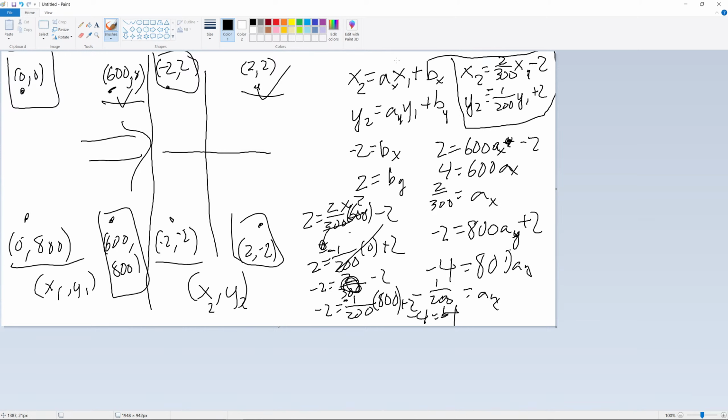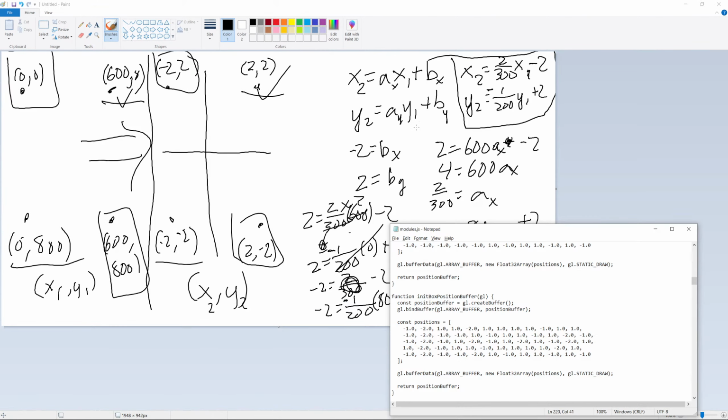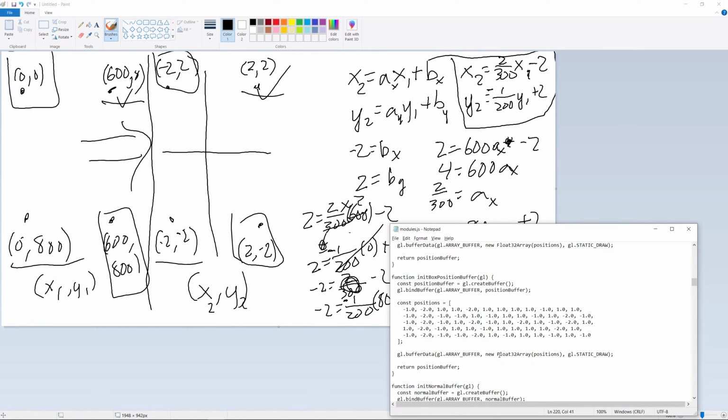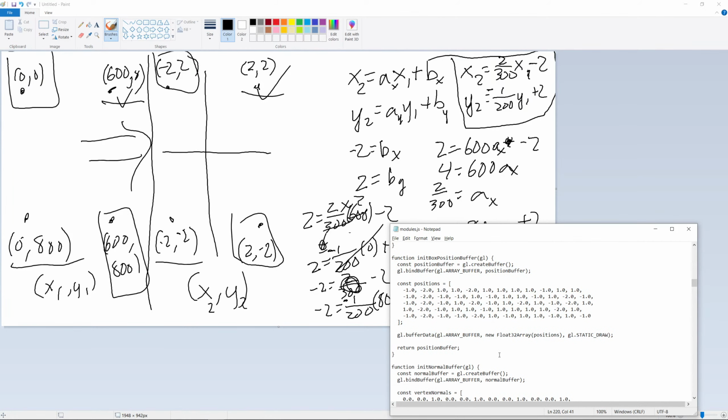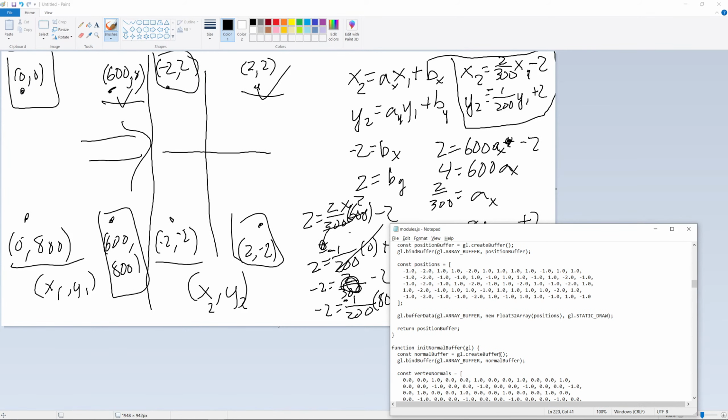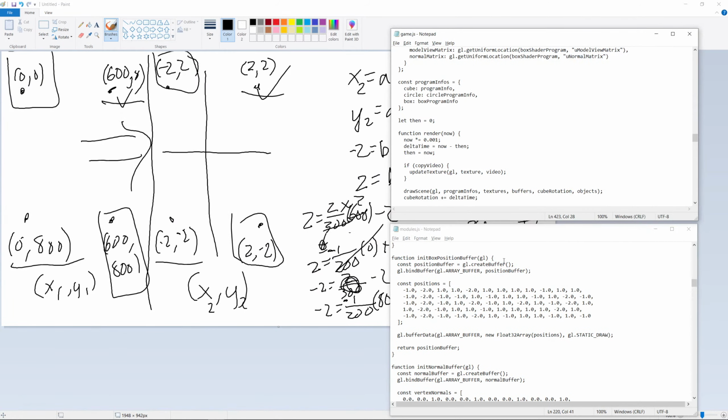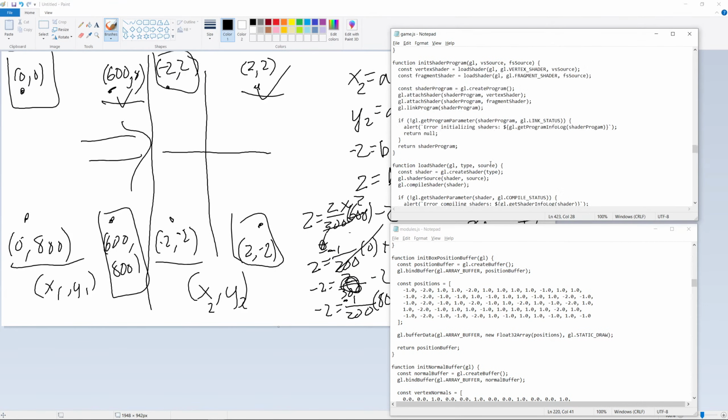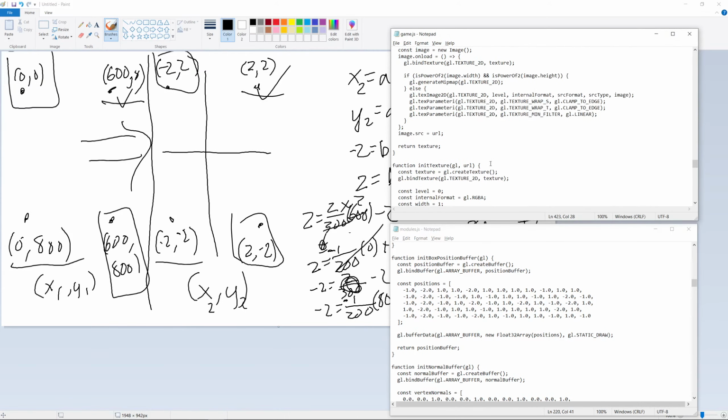Now we'll do it in the init box. Okay, yeah. So going back. Well, I'm glad I didn't lose all my math, even though it's rusty.